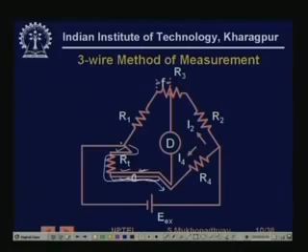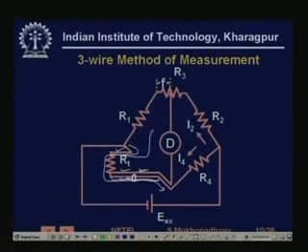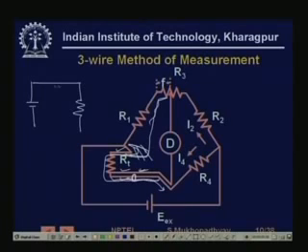Similarly, you could have 3-wire or 4-wire RTDs, where you run another piece of wire from here. If you have a 4-wire RTD, then you could have a very simple circuit, with a battery and an RTD here. You have 4 wires, and 2 wires here give the voltage.